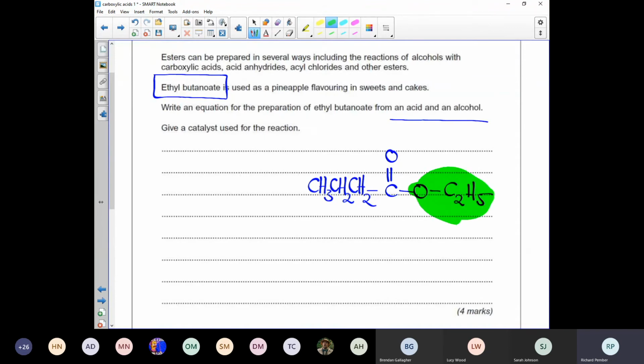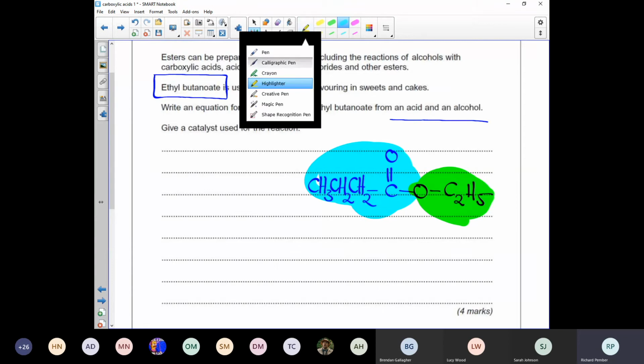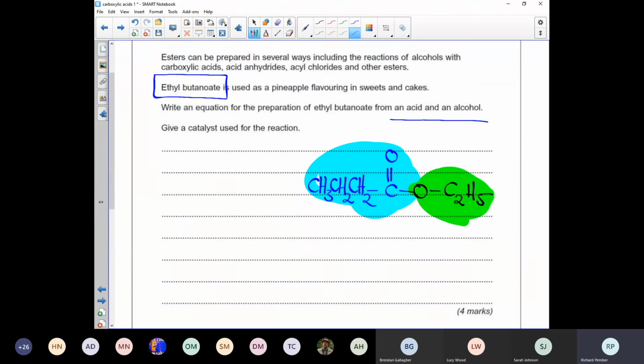So there's the alcohol, and there's the acid, just so that we're clear. So my acid, as you can see, is going to be butanoic acid. So CH3, CH2, CH2, COOH.